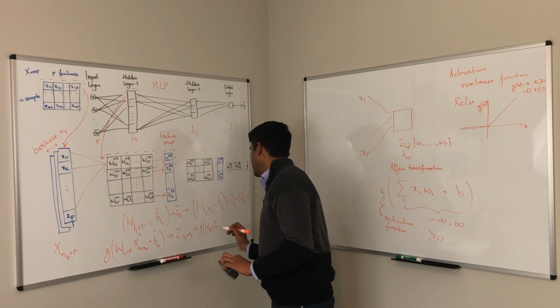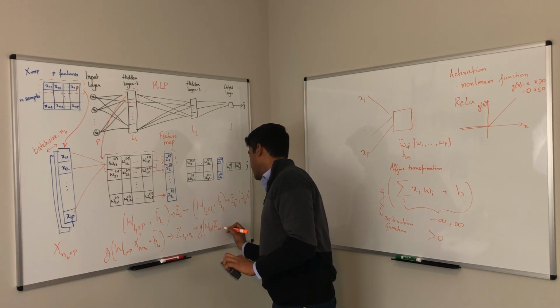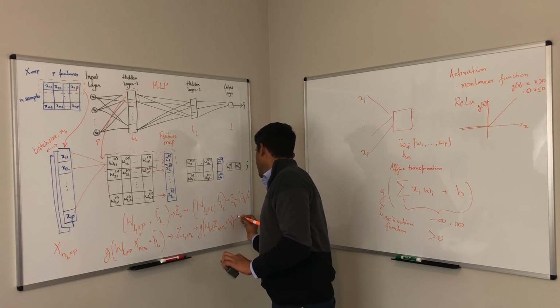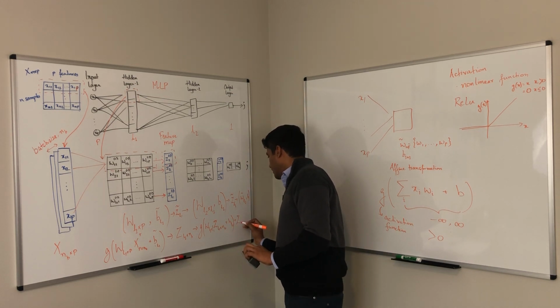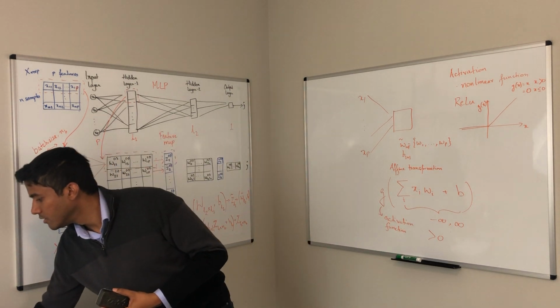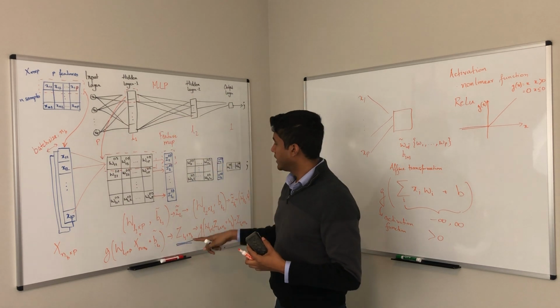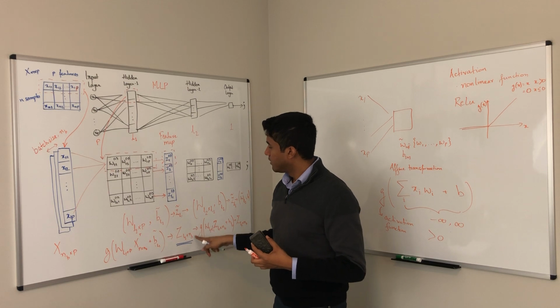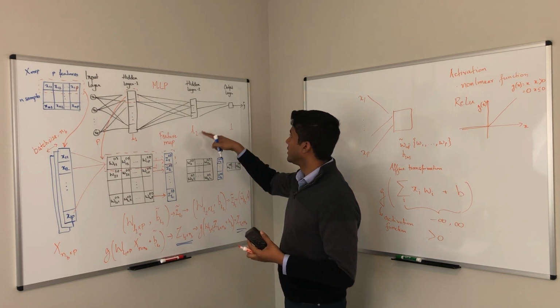So Z is a capital Z of L1 times NB, plus B of L2, will give me the feature map for all the batches out of the second layer, L2 times NB. So if you see here, let me use a different color. This is the output of the first layer. The output of the first layer is a feature map of size L1 for all the samples that are inputted in the batch, and the output of the second layer is of size L2.